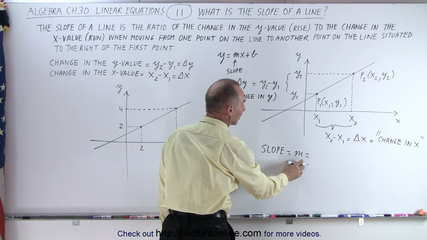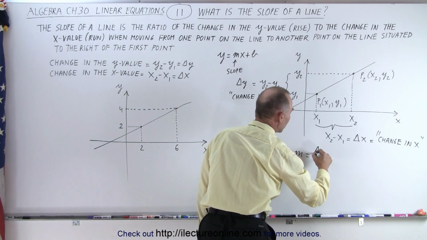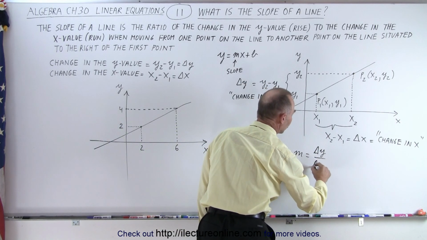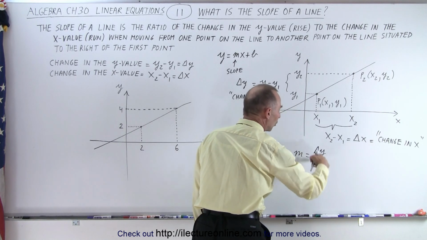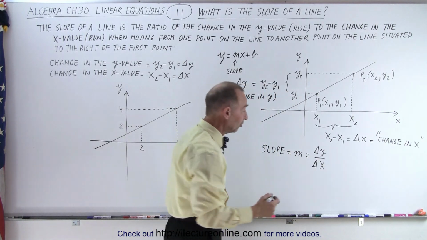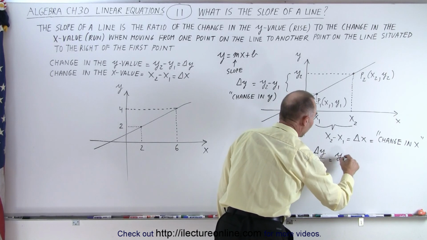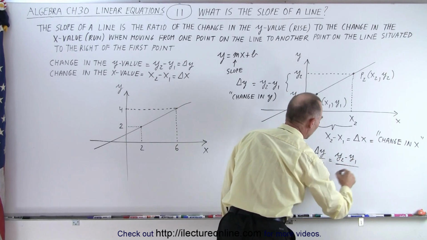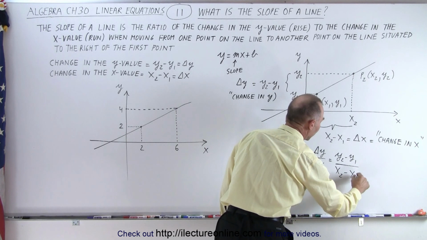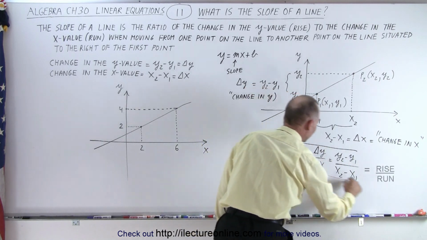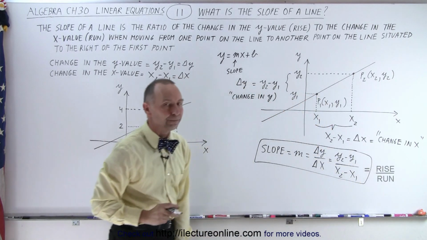So the slope, which is equal to m, which is equal to the change in y divided by the change in x. That's the ratio that defines the slope. So in this case, the change in y would be y2 minus y1, and the change in x would be x2 minus x1. And that is how we define the slope of a line.